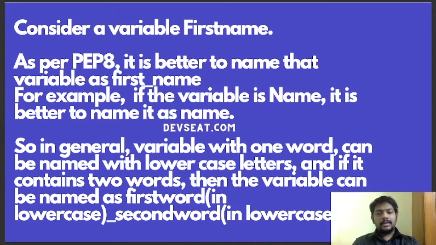And if your variable contains two words, then it can be named as first word underscore second word. So this first name can be named as first underscore name. That is what PEP8 says.